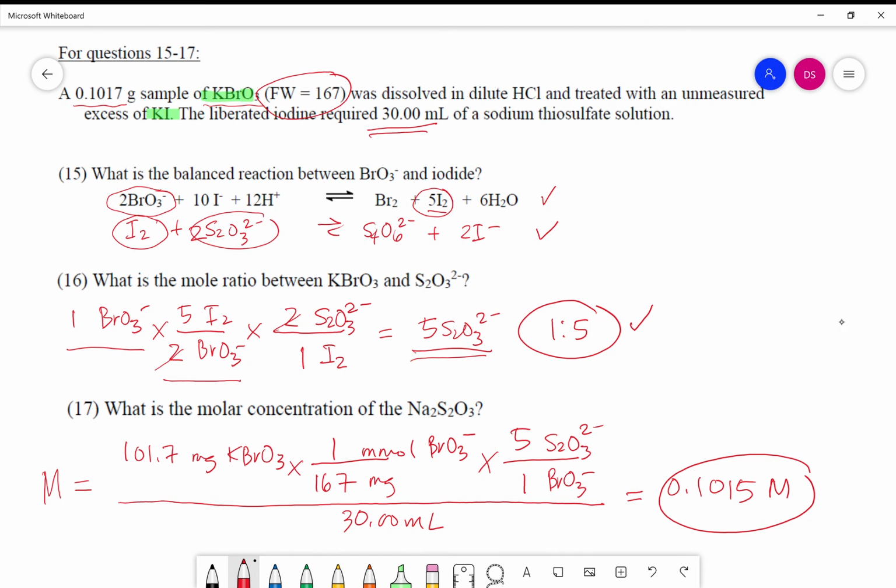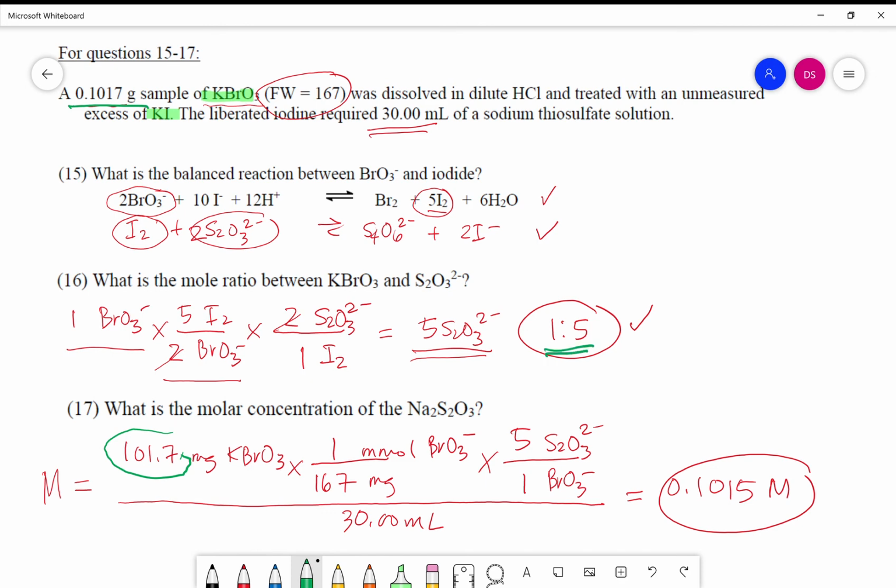Again, the first step here, maybe I'll explain again. The first step here is the given weight of KBrO3. First, it is converted to millimole of bromate by dividing it by 167. Now, after converting the milligram KBrO3 to millimole BrO3 minus, we convert BrO3 minus to S2O3 2 minus by using this relationship, the mole ratio 1 is to 5.